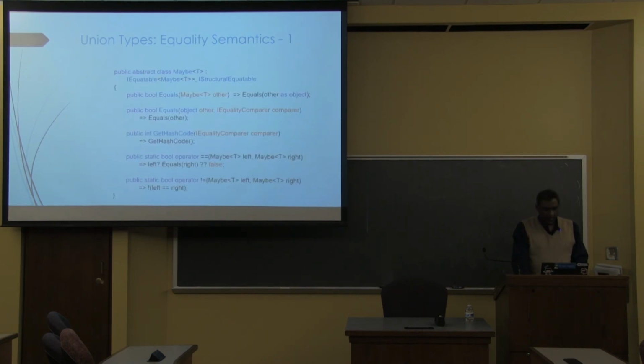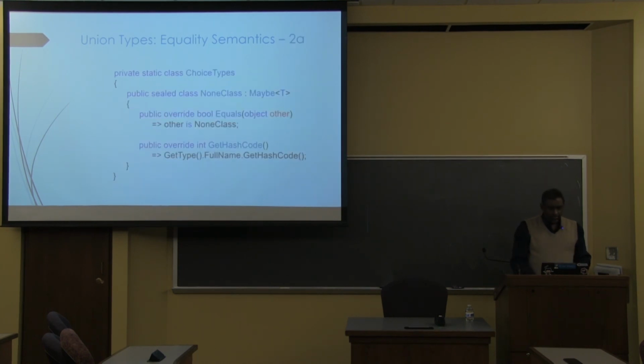So if you think about what equals is doing, the strongly typed equals says, hey, make me an object and then compare me as an object. Given an equality comparer, also call equals. But then there is actually no equals of object in this class, because it's an abstract class, that's fine. You expect all the derived classes to implement the methods that aren't there.